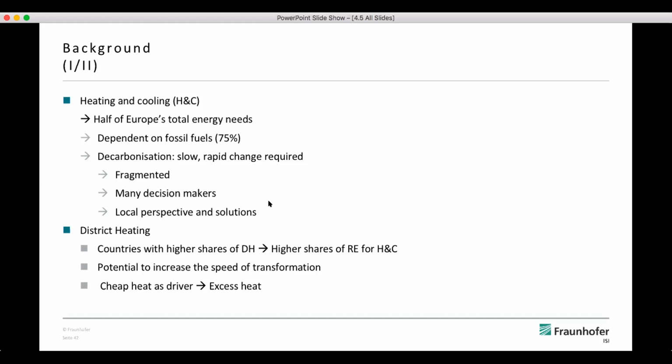And when the topic of setting up new district heating networks is evaluated in many communities within the framework of strategic heating and cooling planning, very often the question is raised: are there any cheap heat sources to, let's say, also strengthen or give pro arguments for setting up networks? And within that context, excess heat is mentioned very often.